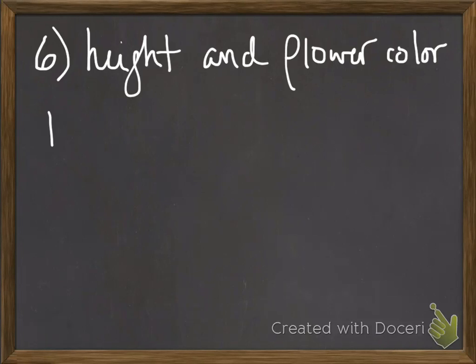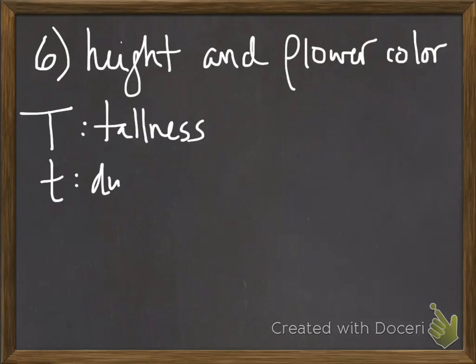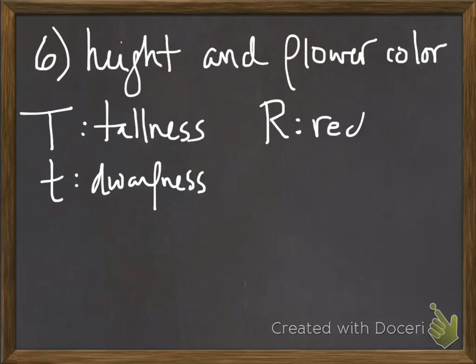So tallness in snapdragons is a dominant trait, so that's represented with a capital T. And dwarfness is a recessive trait, which is represented by a lowercase t. For flower color, red is represented with a capital R, and white is represented with a lowercase r.